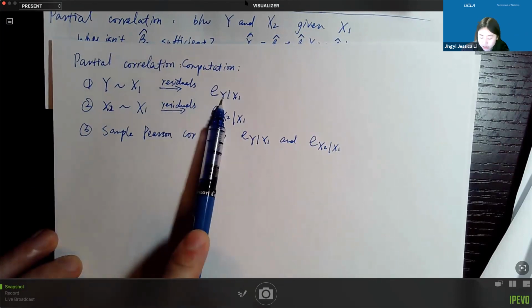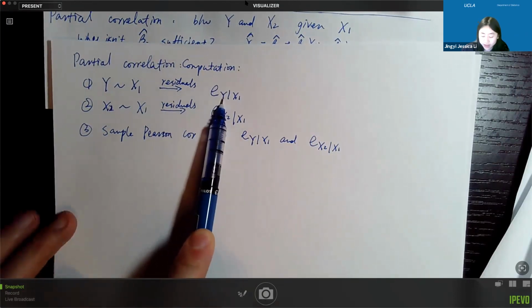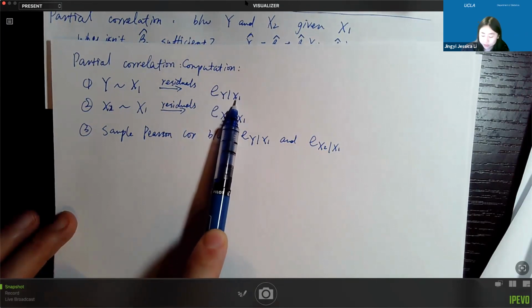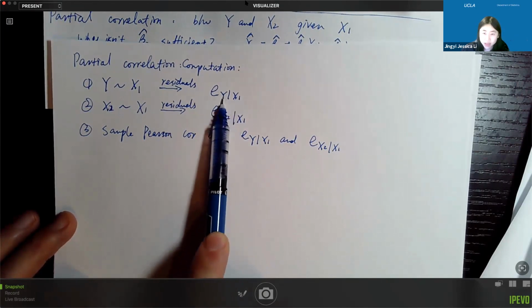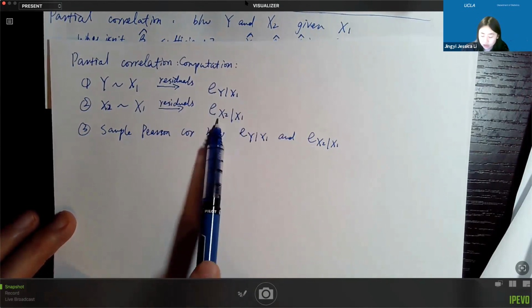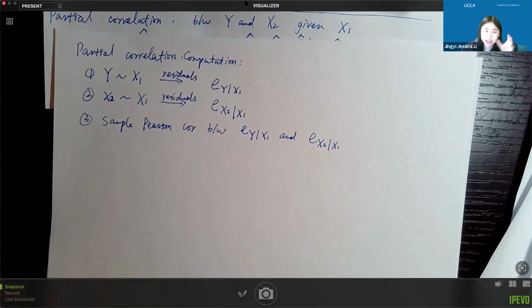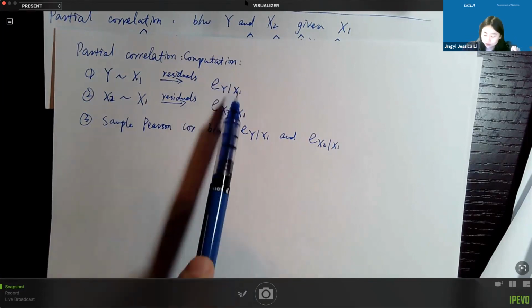You can think of x1 as an n-dimensional vector, a point in an n-dimensional space. y is also a point in the n-dimensional space, and so is x2. And in the n-dimensional space, every point can also be represented as a vector that goes from the origin to that point. So I have three vectors.